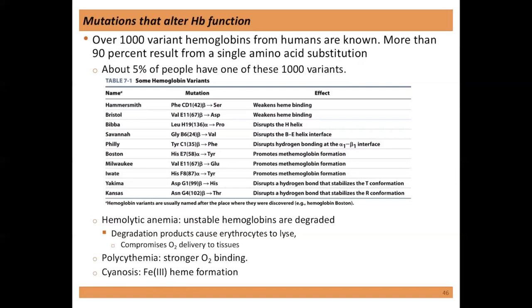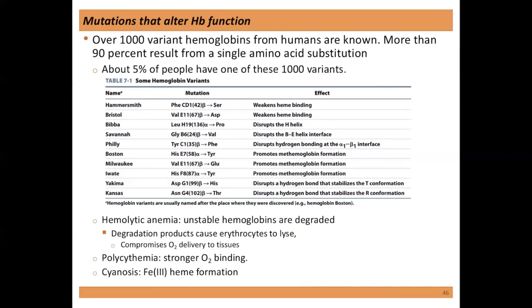So some of these actually favor the methemoglobin, which is actually the iron 3 oxidation state, and that's really bad because you kind of remove that hemoglobin from function once you oxidize it from iron 2 to iron 3.